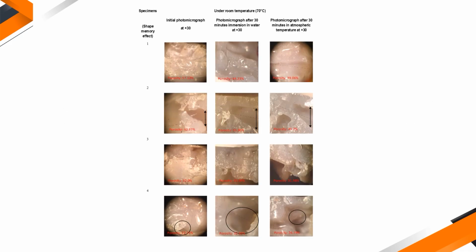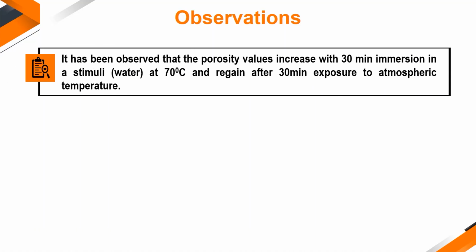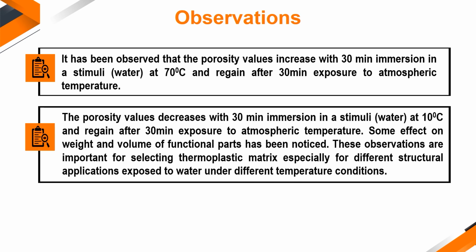So accordingly, what happens to the material when I am playing with the different stimulus conditions, we tried to see its morphology, and we tried to see the effect of the porosity on it. So what we observed is that near the Tg, if I play with my material, the chances of recovery are observed to be highest.